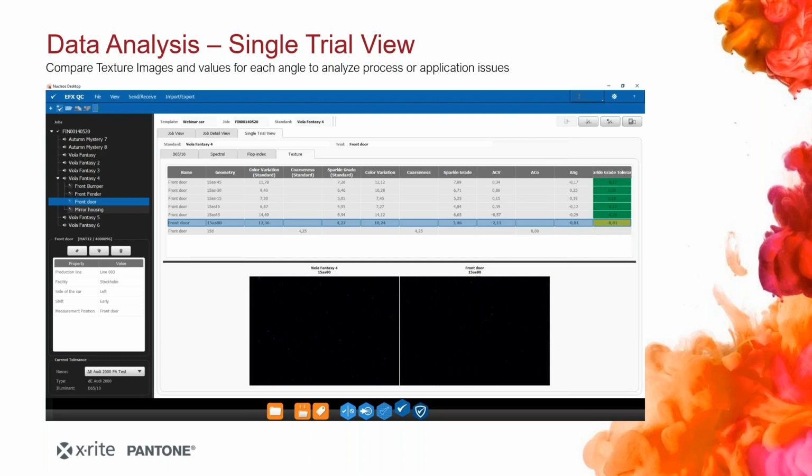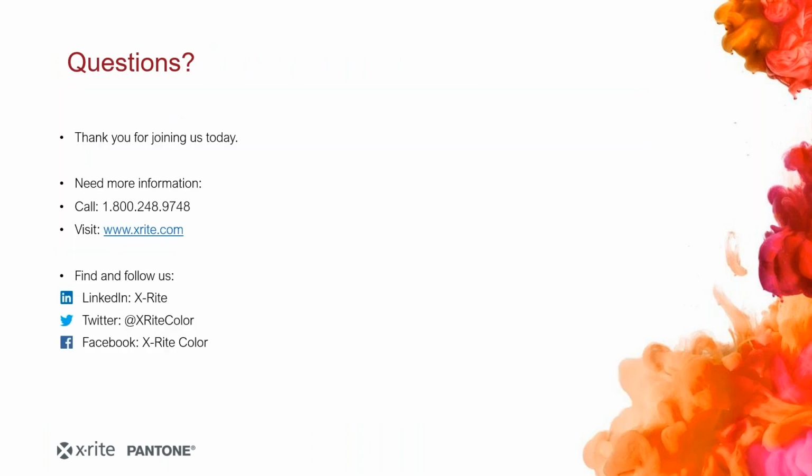If you take these texture images, they are also available in your report, which makes it easier for people who do not have the EFX QC on their computer to evaluate those data as well. That's from my side, a quick overview, and I would hand over to Robert if there are some questions currently.